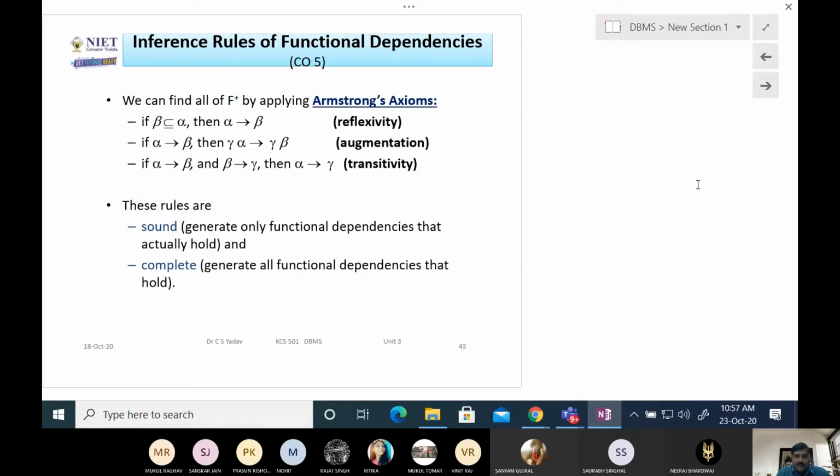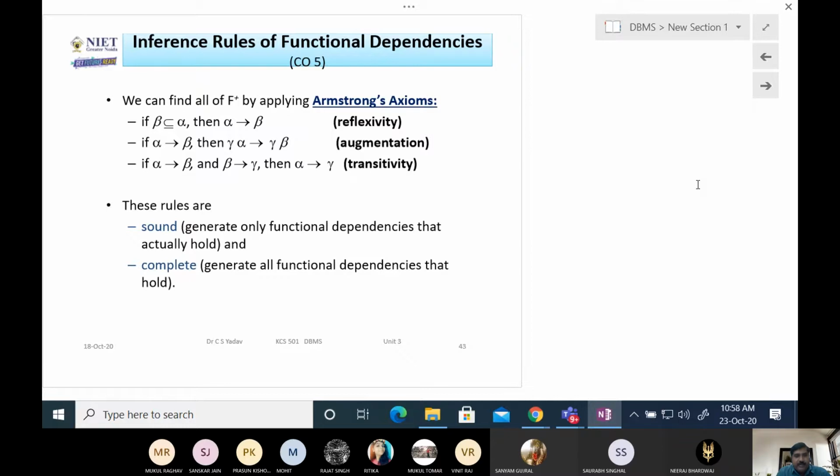It will help you all. Without these axioms, you can find out the candidate key of R with the help of closure of an attribute set. But if you know about all these rules, then you can find out the candidate key in a fast manner.